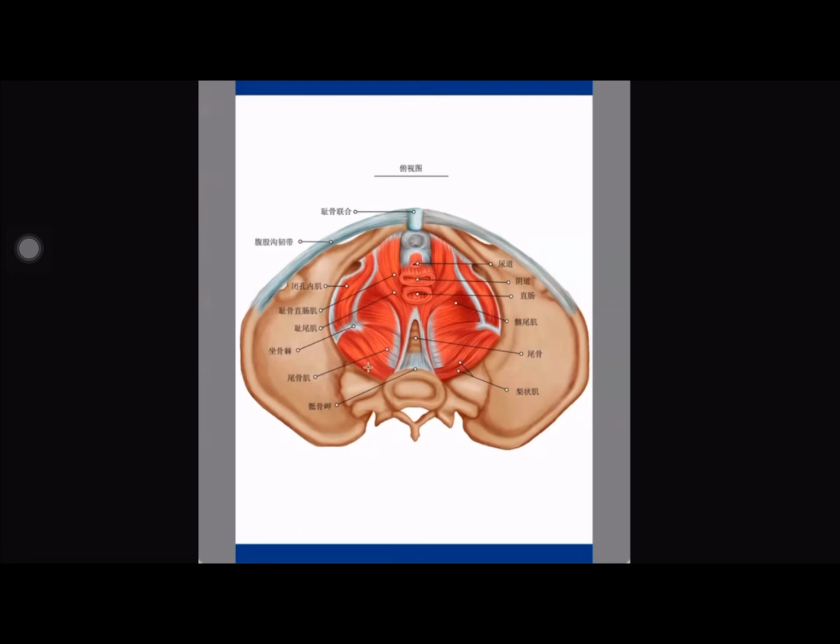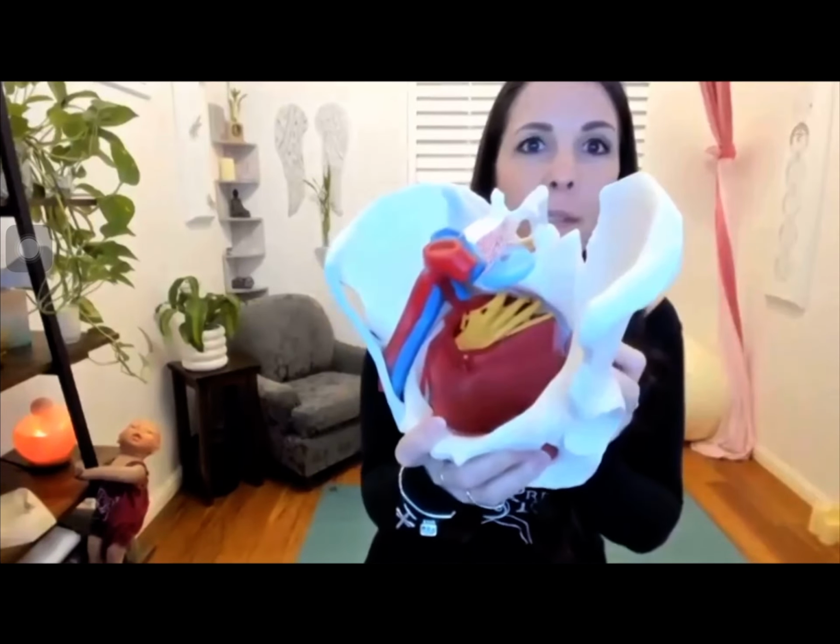And if you look at my model over here, you can kind of see that anywhere in the pelvic floor, the muscles are attached to the bony structures of the pelvis.